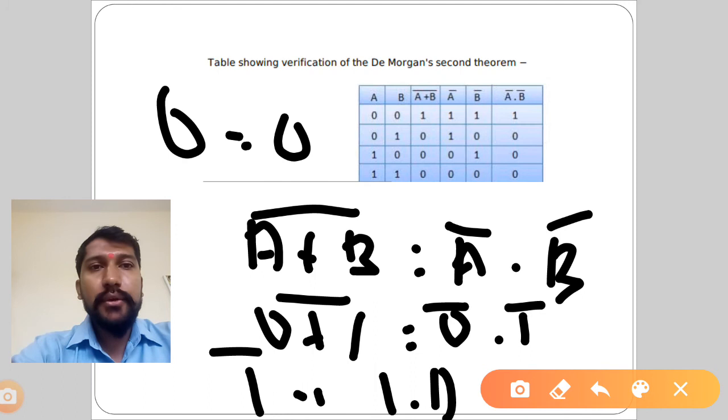So whenever I give 0 and 1, I get 0. That is your truth table verification of De Morgan's second theorem.